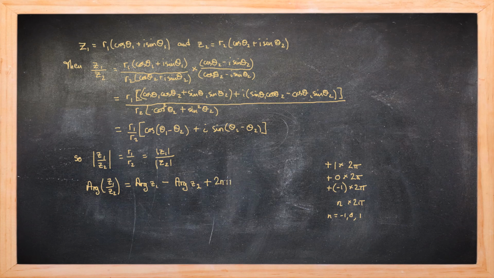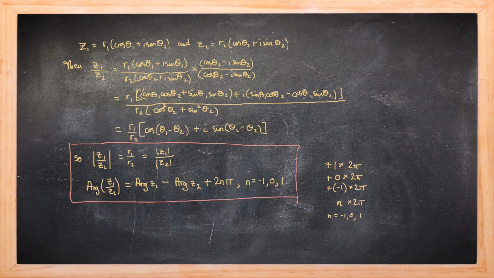Now that adjustment is made because occasionally when we subtract these two arguments, it'll be outside the principal argument range. So that really is the best we can do for the argument, and there is the result. So a very familiar result for the modulus, and a maybe not so familiar result for the arguments, but division of the moduli and a subtraction of the arguments.